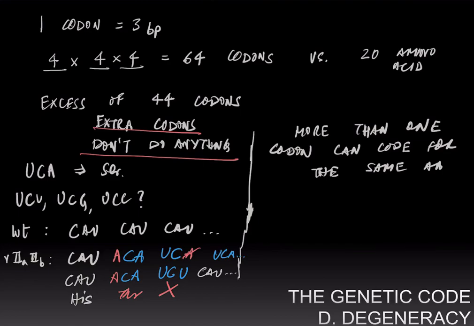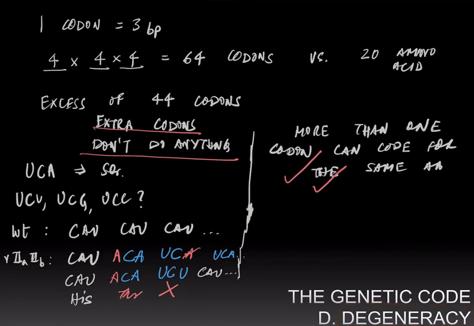Therefore, for the frame shift to be corrected, the extra codons must be doing something. In other words, more than one codon can code for the same amino acid, and this property of the genetic code is known as degeneracy.